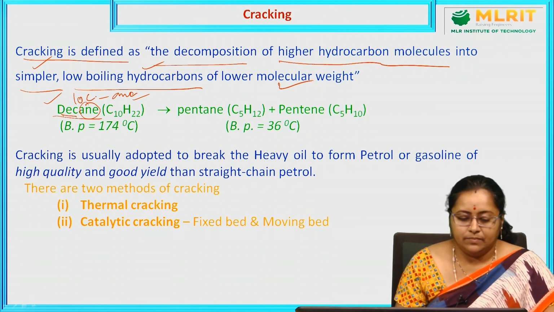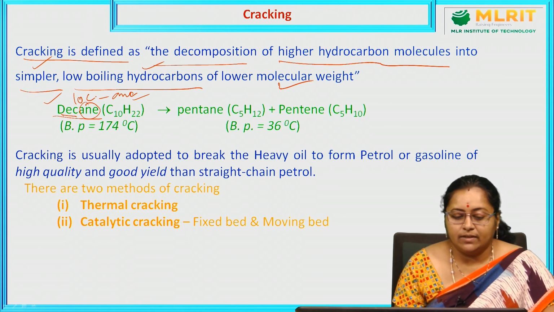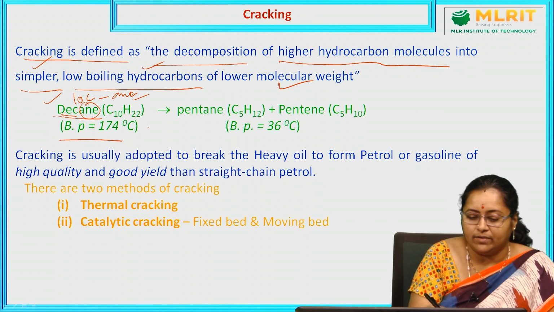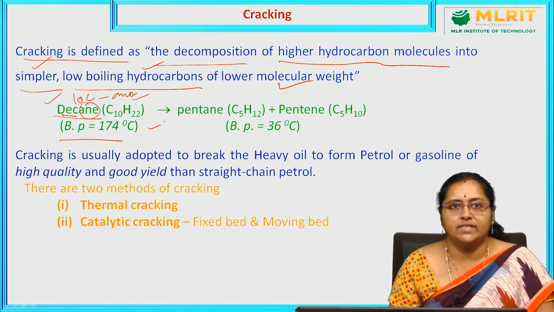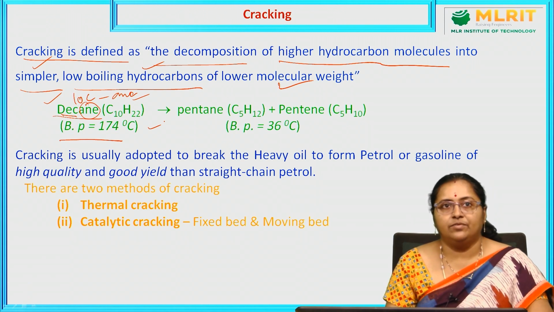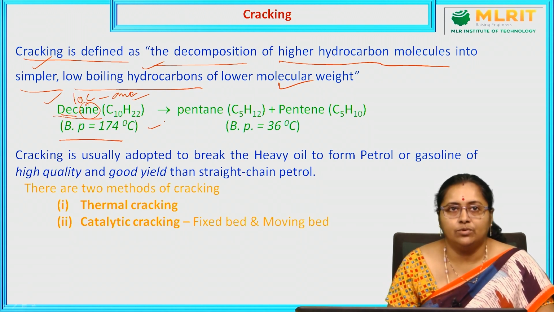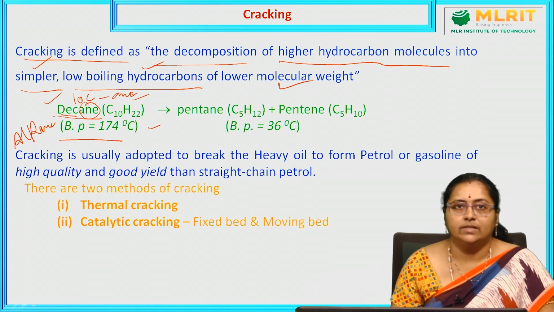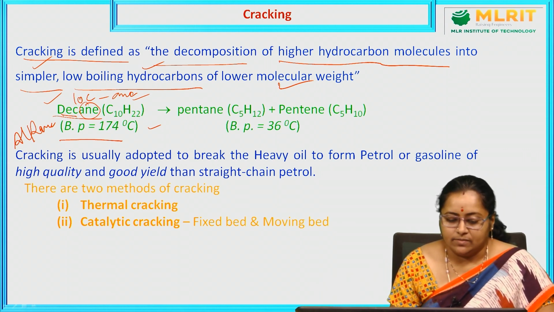So it is an alkane with 10 carbons, and it possesses a boiling point of 174 degrees centigrade. Decane, whose molecular formula is C10H22, is an alkane, and it will contain only single bonds between carbon atoms.